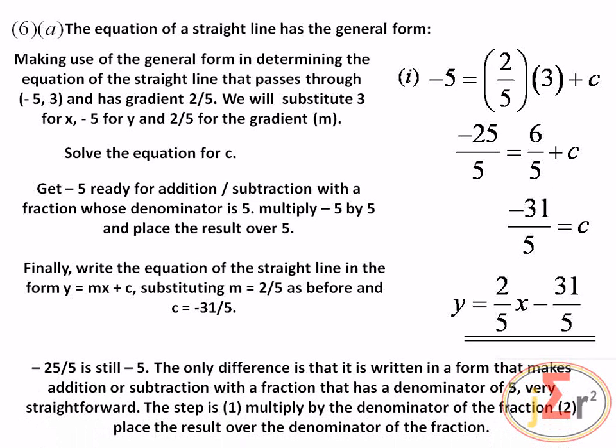The only difference is that it is written in a form that makes addition or subtraction with a fraction that has a denominator of 5 very straightforward. The step is: 1. Multiply by the denominator of a fraction. So we'll take this, multiply by the denominator of a fraction, and 2. Place the result over the denominator of a fraction.